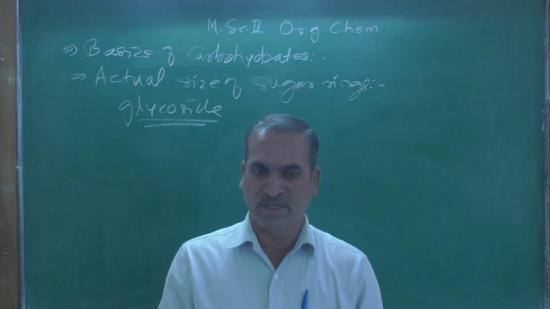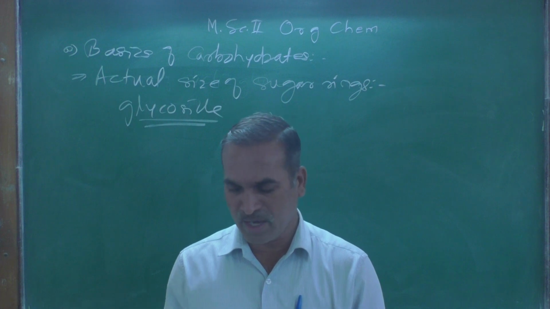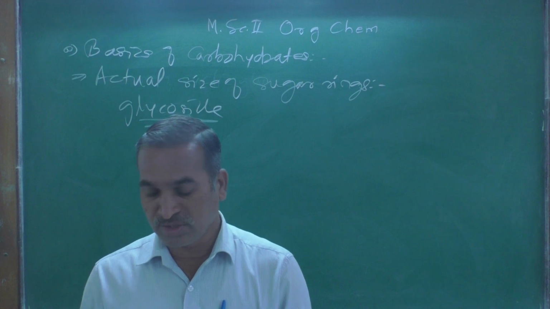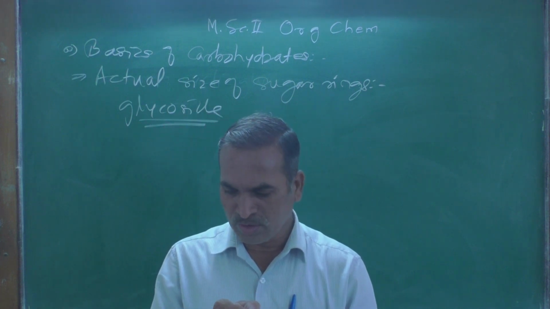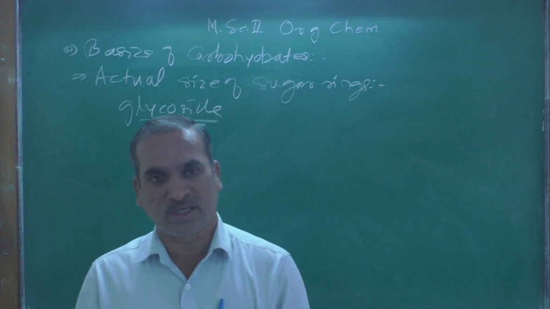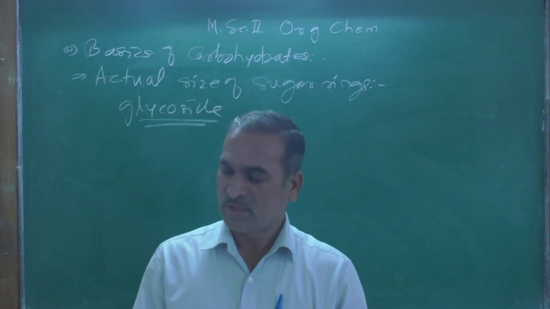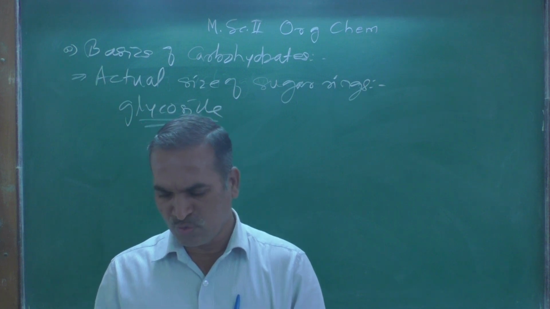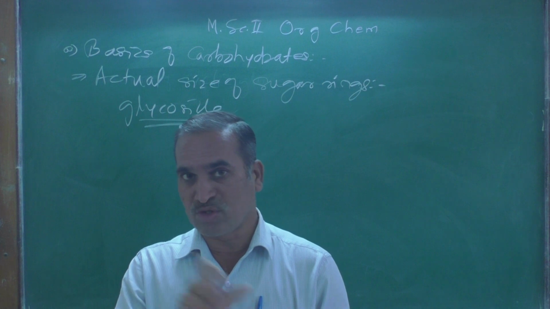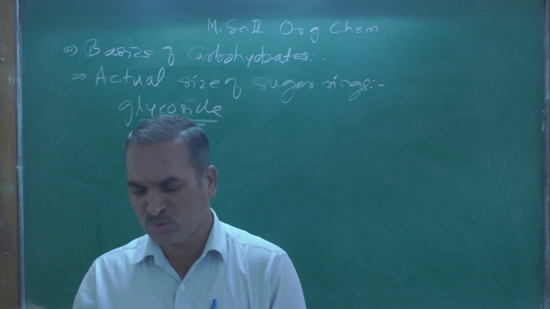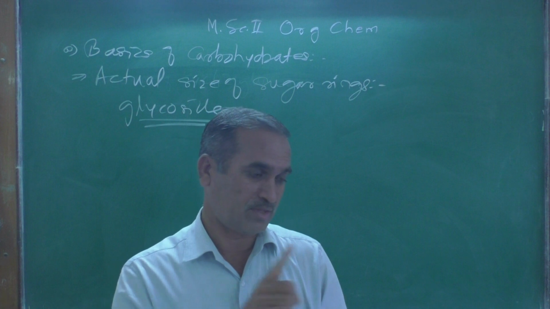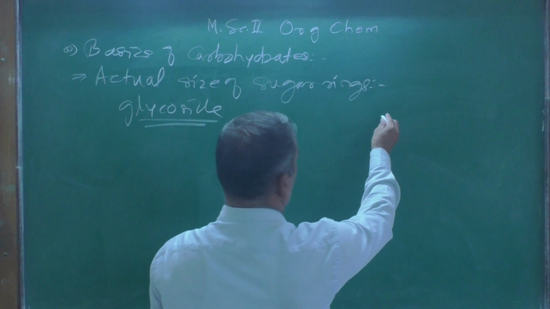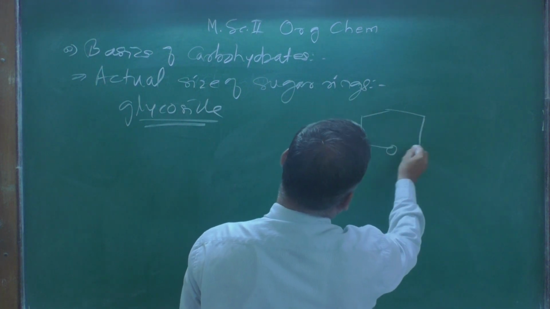You might be familiar with the alpha, beta, gamma designations. Hudson, in 1932, Hudson is a scientist's name, concluded that the size of the ring in a normal sugar is pyran. Yesterday we saw pyran rings: a six-membered ring containing one oxygen atom.